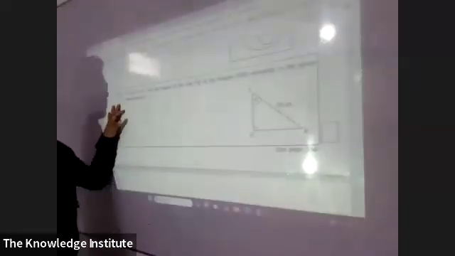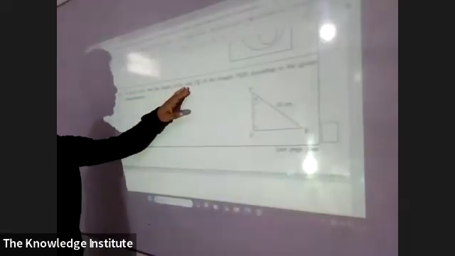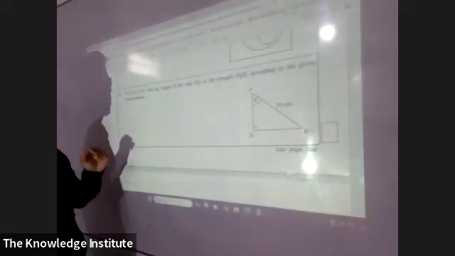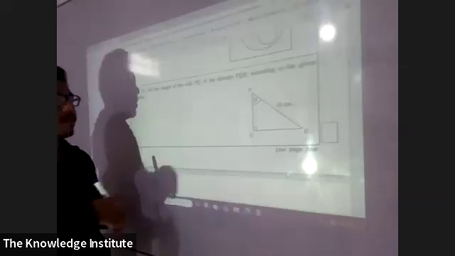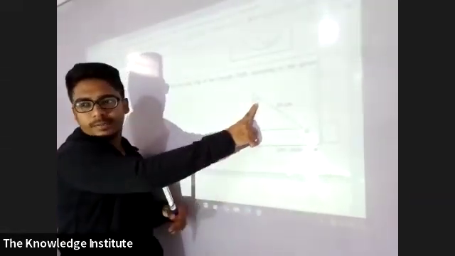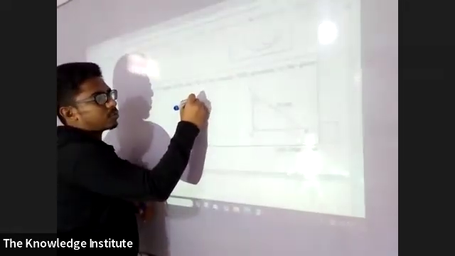Number 13. If cos theta equals 0.4, find the length of the side PQ of the triangle PQR according to the given measurement. For example, if you have a triangle, what is cos theta?